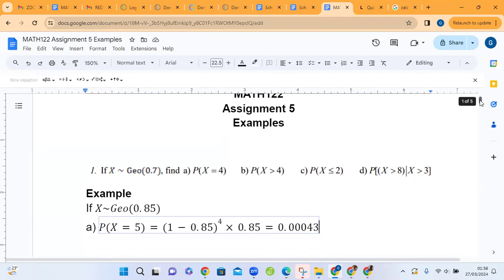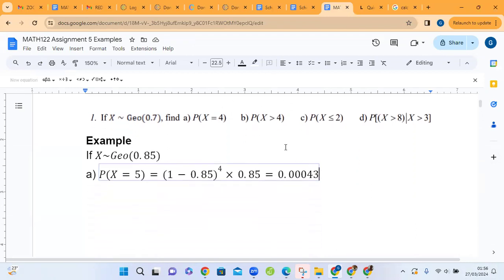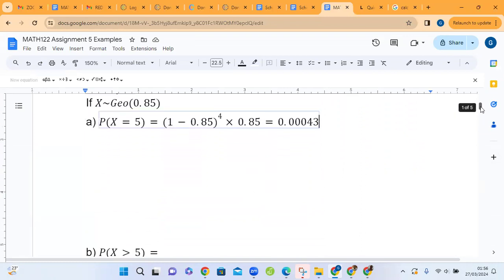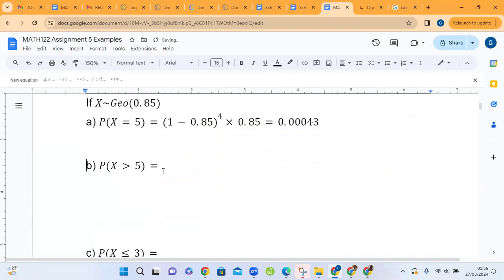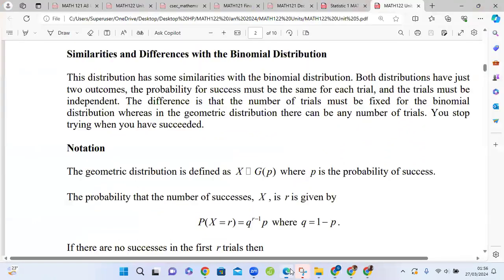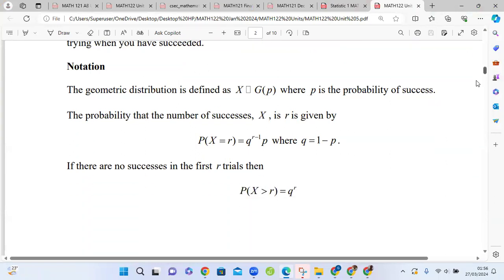Now, the probability that you succeed in more than 5. Again, let's check all the formulas that we've got. More than r will be q to the r.